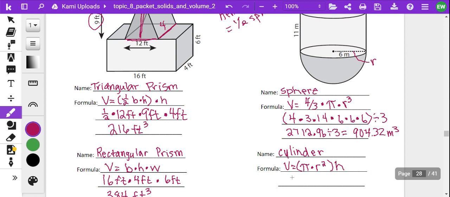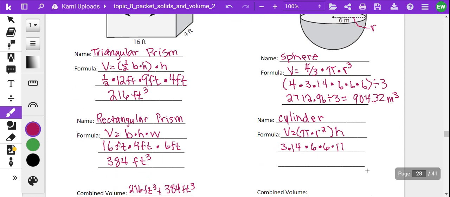Let's look at some of our values here. Remember, we're using 3.14 for pi. The radius is 6, so you can write this as 6 squared or 6 times 6. And the height of the cylinder, how tall it is, is 11. No division this time, which is nice.